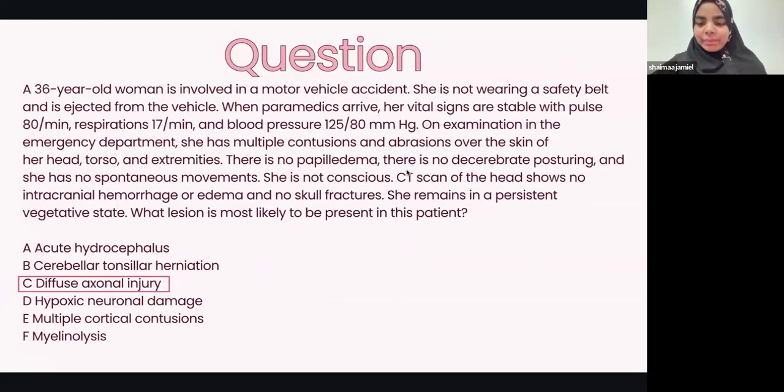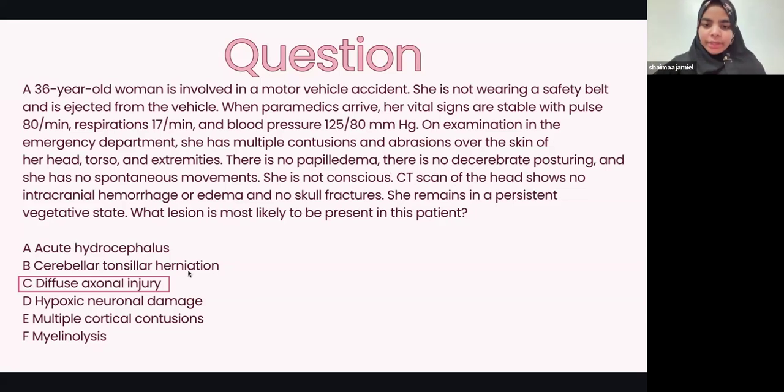Number two, there's no papilledema, so there's no increased intracranial pressure. No decerebrate posturing, which, in the Glasgow Coma score, is the extension, so that means the brainstem is intact. Otherwise, the CT scan of the head shows nothing. So acute hydrocephalus would be wrong because CT is showing nothing. Cerebellar tonsillar herniation is wrong.